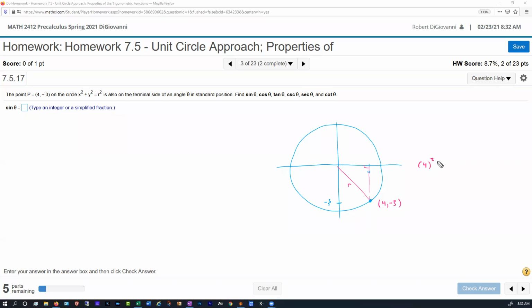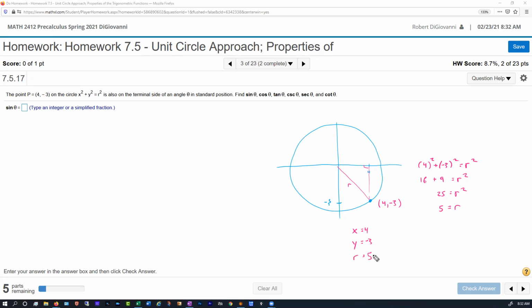So 4 squared plus negative 3 squared equals r squared. This is 16 plus 9 equals r squared. That means 25 equals r squared, which means that r has to be the positive number 5. So we know that the x is 4 here, the y is -3, and the r is 5.